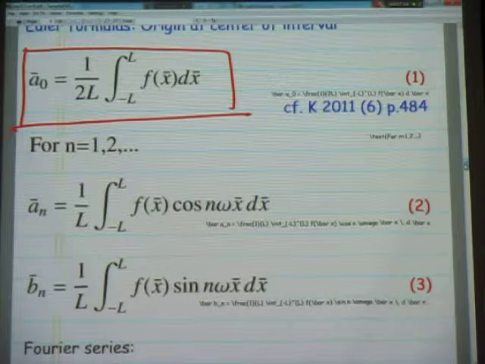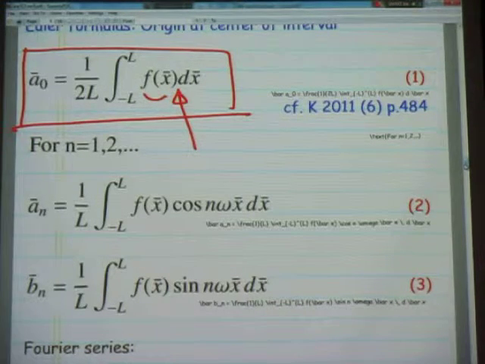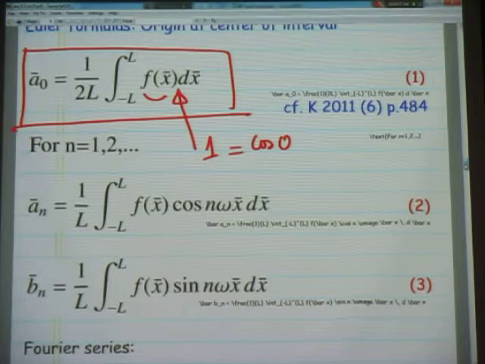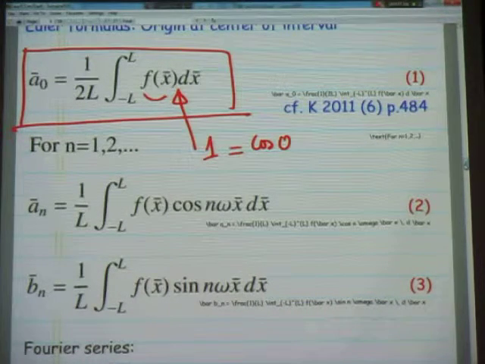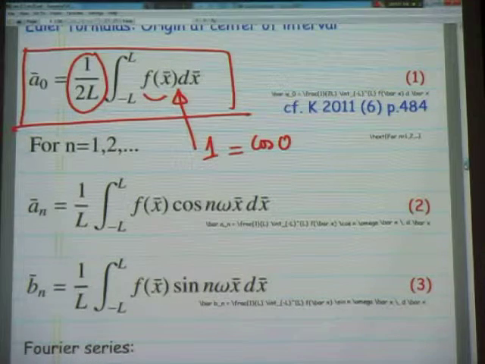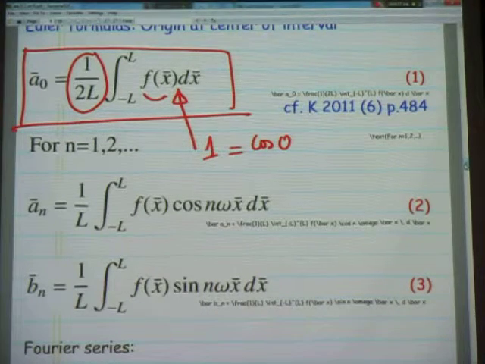Right, you only have f of x, and you think of this as f of x times 1, right? And remember, 1 is cosine of 0. Right? The integral is from minus L to L as usual, but the factor now is 1 over 2L instead of 1 over L.